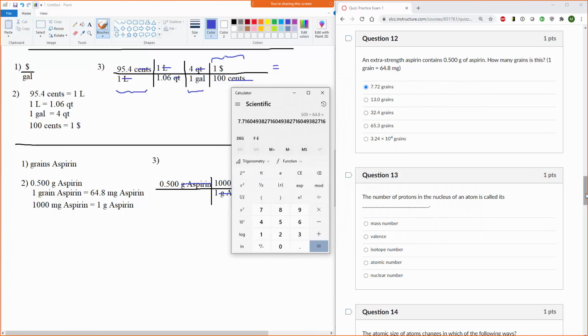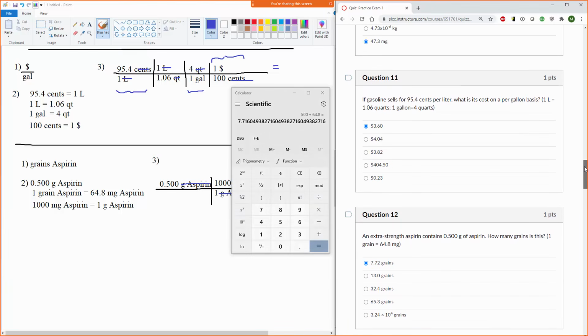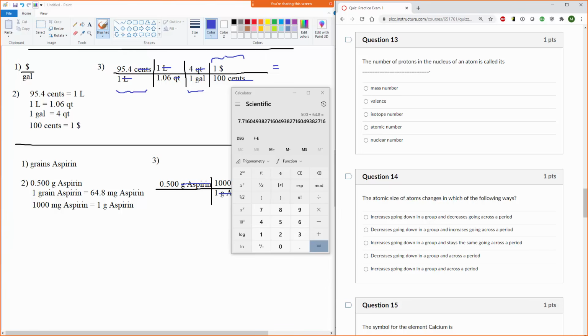Okay. As you'll notice, there's 25 questions on the practice exam, and now we're moving into the periodic table. The first half was on science and matter and math, and the last half is on atoms and elements in the periodic table. So the number of protons in the nucleus of an atom is called what?